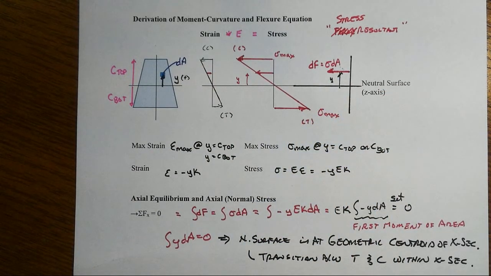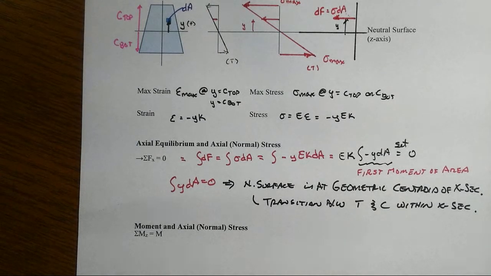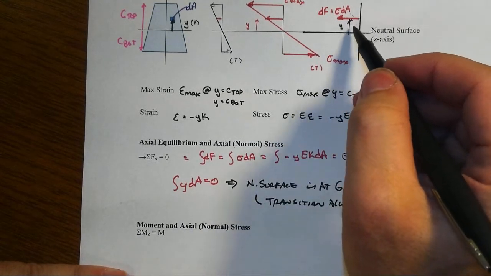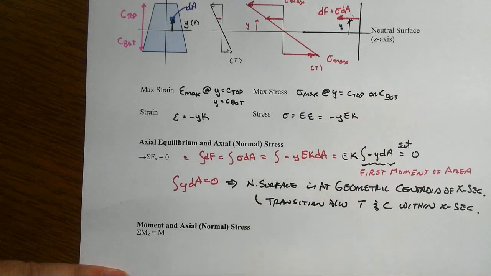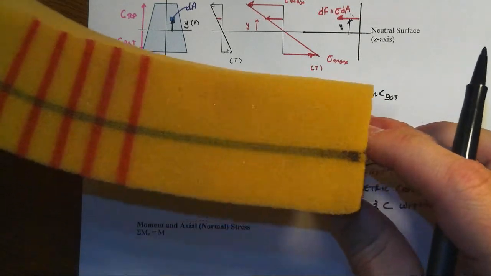Right? Now, this next part is a highly argumentative kind of next part. What we do is not the big deal. It's how we handle the signs that is a big deal, right? We're going to sum moments of all these differential forces about the neutral axis. When you look at what's going on here, we're bending this thing.